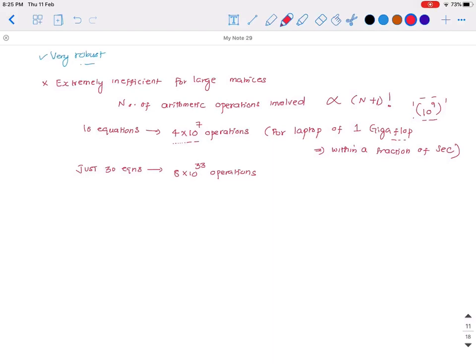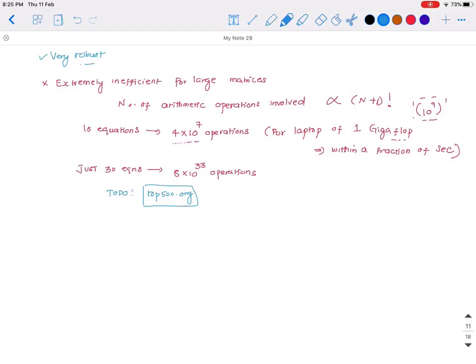Now I'll give you a to-do, something that you have to check. Go to top500.org. This website gives you a list of the world's fastest 500 supercomputers.